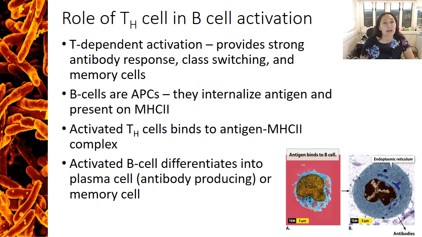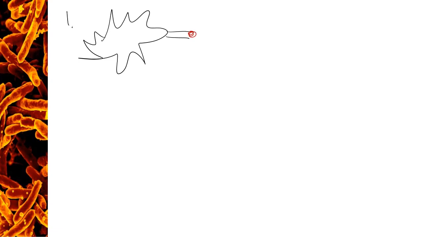So let's see how B cells are actually activated. The activation of the B cells is really a two-step process. So the first, we have to have the dendritic cells or the macrophages come over and activate the initial T cell. So remember again, that dendritic cell is going to present antigen on its MHC2 molecule.